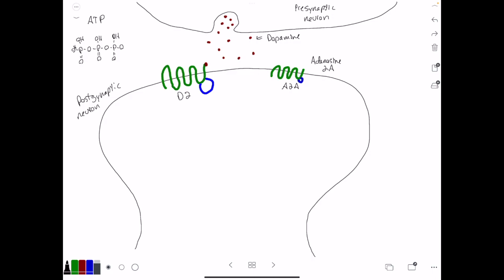Don't want to forget my hydrogen there. Okay, so I'm drawing the structure of ATP here, adenosine triphosphate.